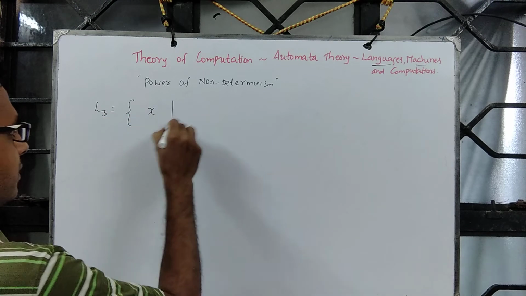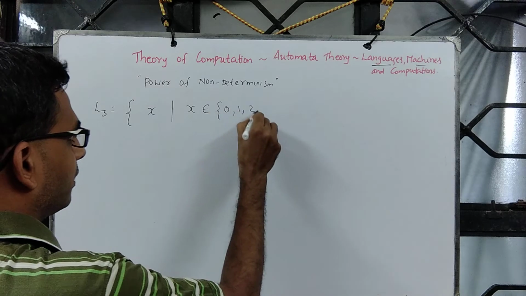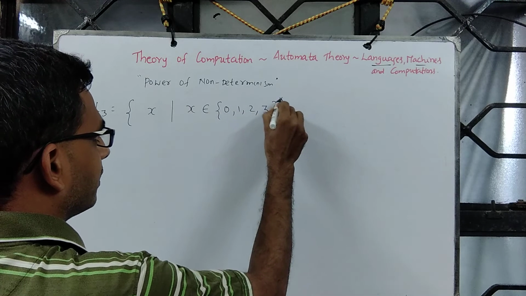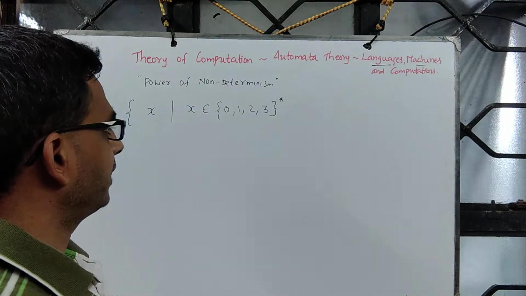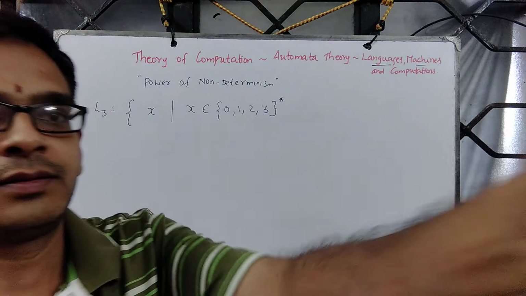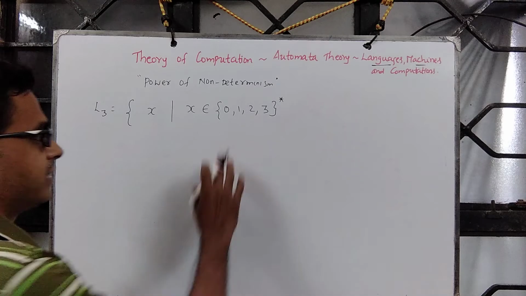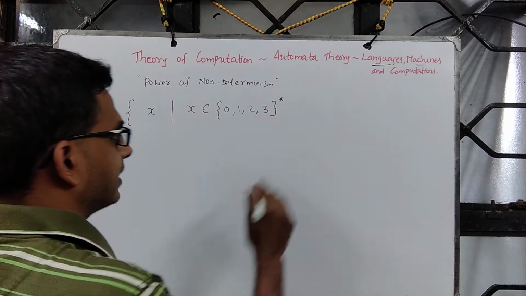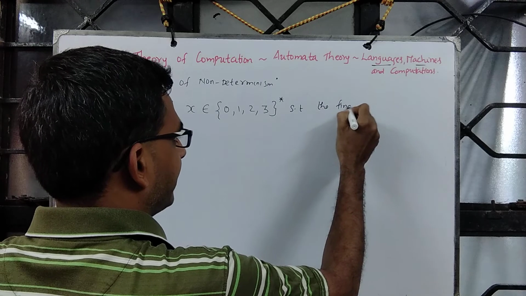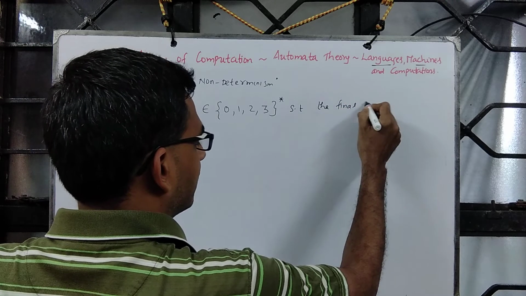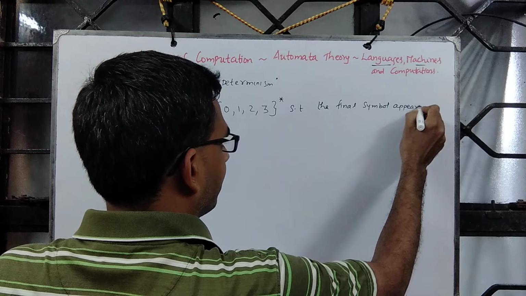The set of x such that x is over 0, 1, 2, 3. The property is the following. If you look at the x, so x over {0, 1, 2, 3} star such that the final digit or symbol appeared before.